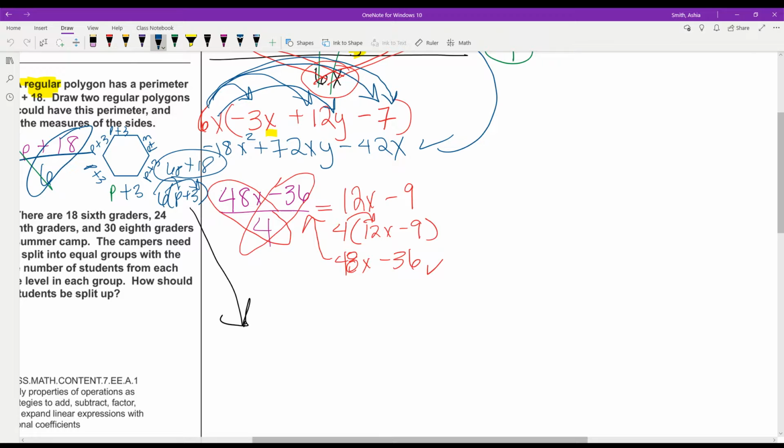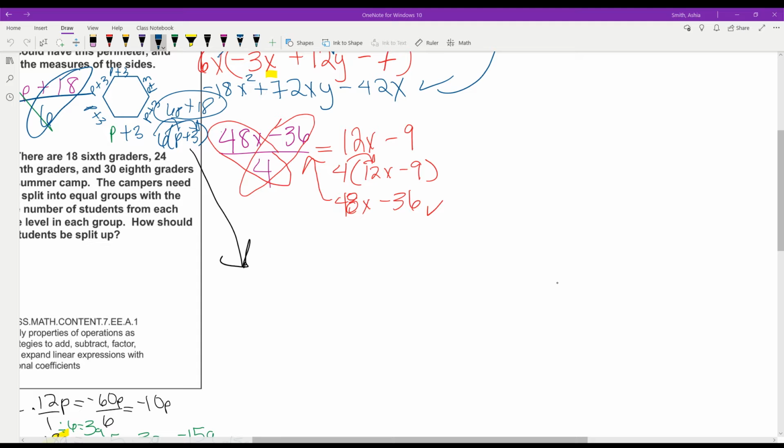So 3 is a factor of both of them. A triangle is a polygon. So 6p plus 18 divided by 3, I would end up with 6p divided by 3, which is 2p, and 18 divided by 3, which is 6.